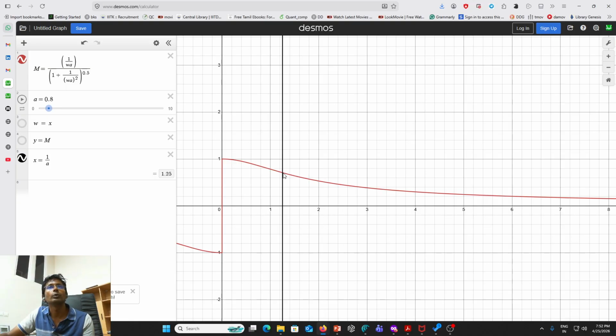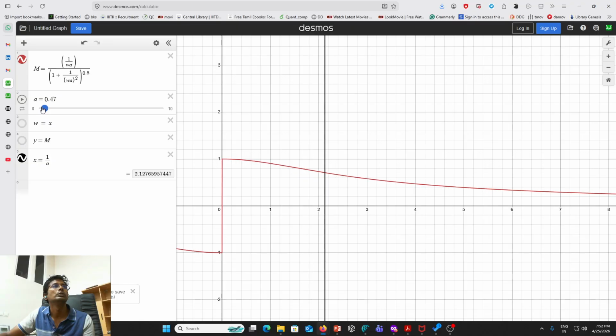Once again, if you see here, it's again 1 by root 2, 0.707. If I move further, still at the cutoff frequency it is 0.707. So that's how you design the low pass filter.